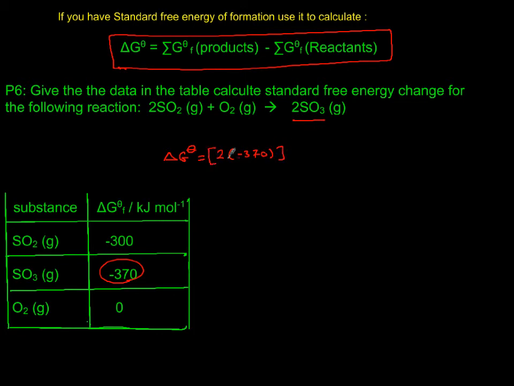That's my product, minus my reactants, which I have 2 sulfur dioxide, 2 times negative 300, plus 0 to indicate that delta G formation of elements is 0 by definition. They have been already formed. And when we do this, we get negative 140 kilojoules per mole. So simple to solve if we have delta G formation. And once you get the negative, just say it's spontaneous because of the negative sign. So you have this much free energy to do useful work in this reaction.